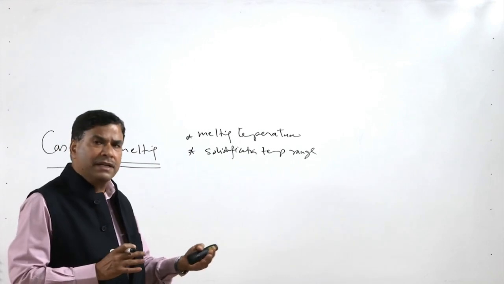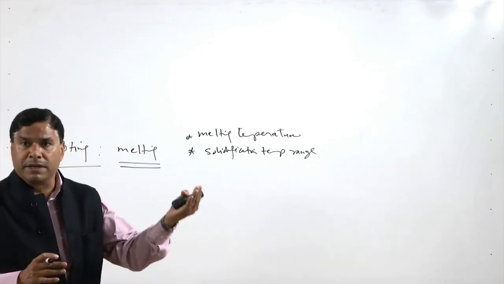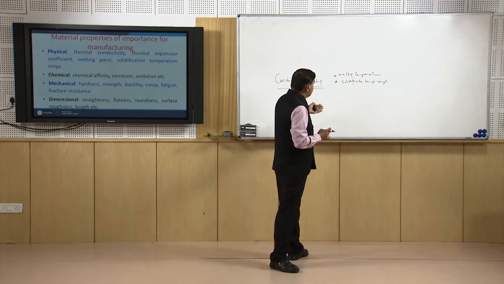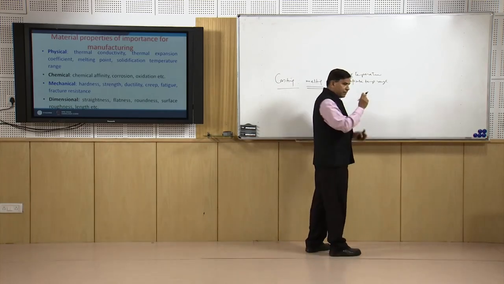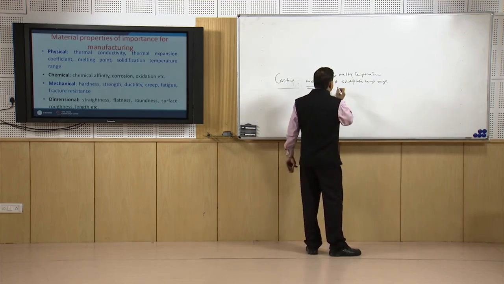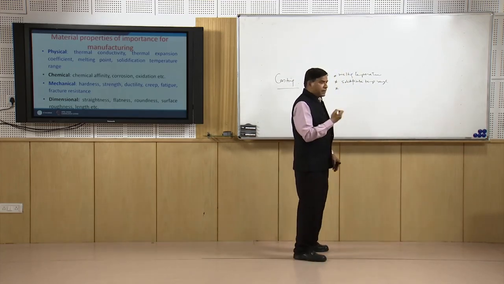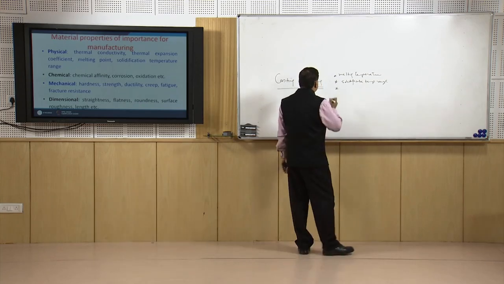Increased segregation tendency will lead to increased solidification cracking tendency and increased hot tearing tendency. Therefore, the metal systems having a narrow solidification temperature range will offer limited problems related to solidification, like solidification cracking or hot tearing.